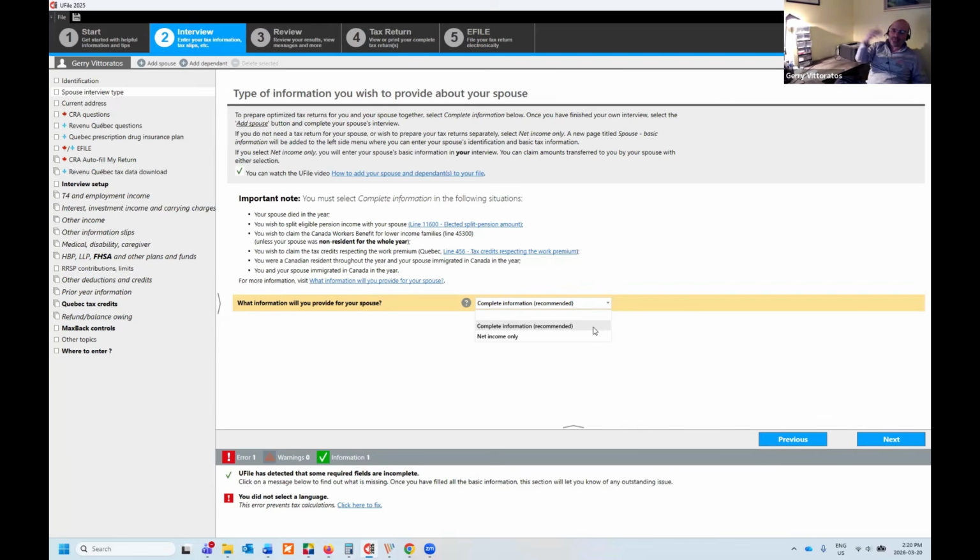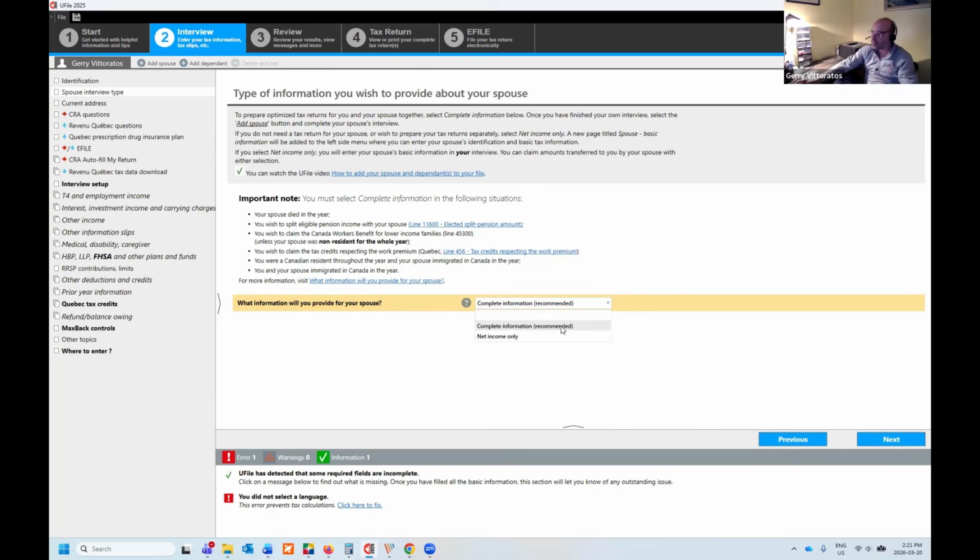Donations is another example as well. These are all what we call optimizations. In UFile, we call it Max Back, where the program determines these transfer amounts for you. The only way it can perform these transfers automatically for you is if you're producing your spouse's file with yours.